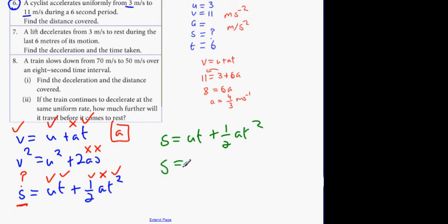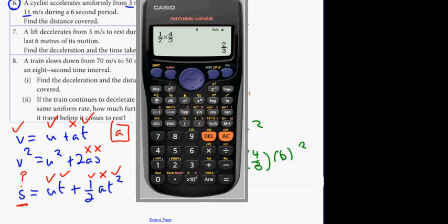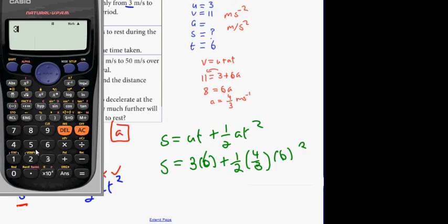Therefore S is going to be U, which is 3, multiplied by T, which is 6, plus a half A, which we found is 4 over 3, and then we've got to get T squared, so that's going to be 6 squared. I'm going to obviously use the calculator for that. So 3 times 6 plus a half AT squared, 4 over 3, and then, yeah, most of you guys already know how to use this pretty good, so then 6 squared.